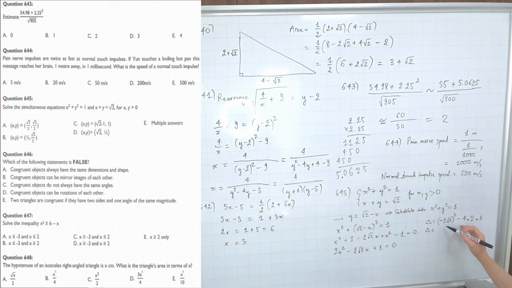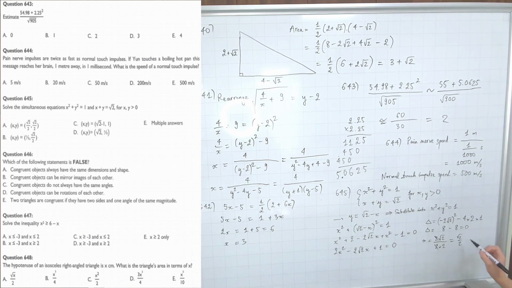This one is going to be 4 times 2, it's 8, right? 8 minus 8 is 0, so you have only one root, có một nghiệm thôi, so one root. It's gonna be minus b, which is 2 square root of 2, divided by 2a, so it's gonna be square root of 2 divided by 2, right? Yeah, square root of 2 divided by 2.